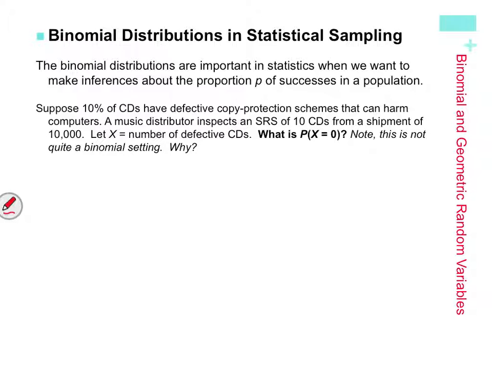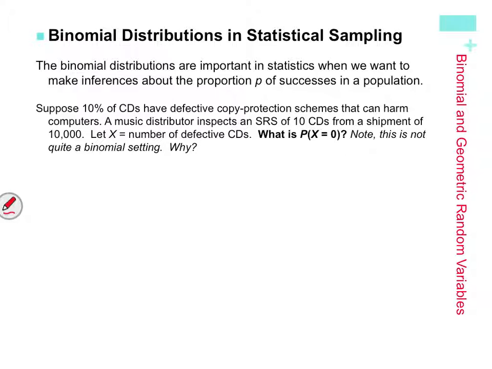Okay, so first off, it's not quite a binomial setting. If you remove one CD from the shipment, the proportion of bad CDs remaining in the shipment is different, right? So the conditional probability that the second CD chosen is bad, when we know the first one is good or bad, changes the probability for the remaining CDs in that shipment.